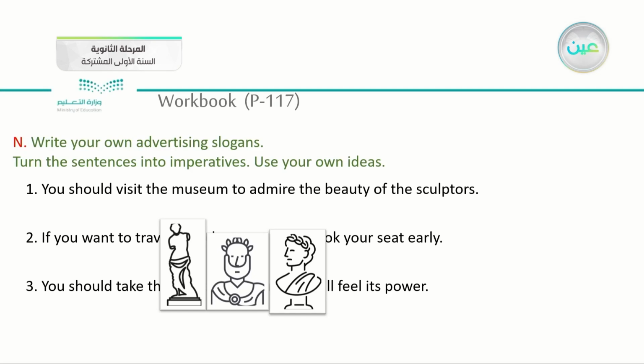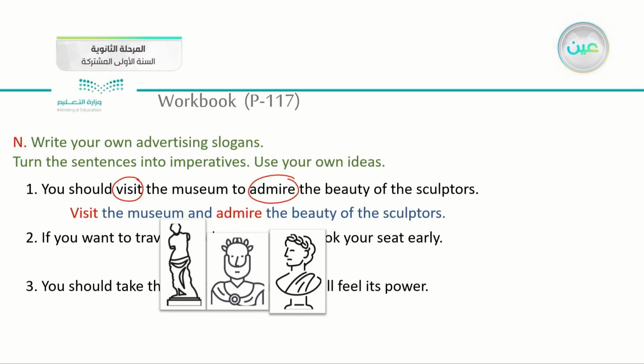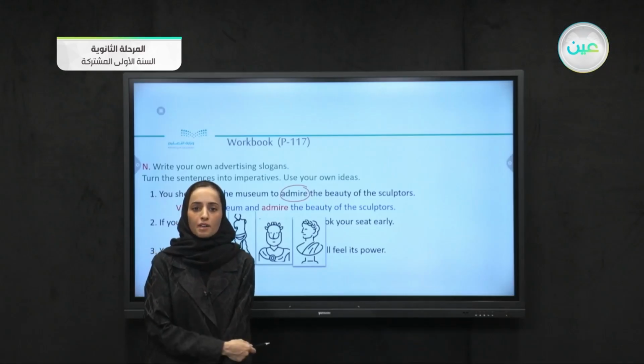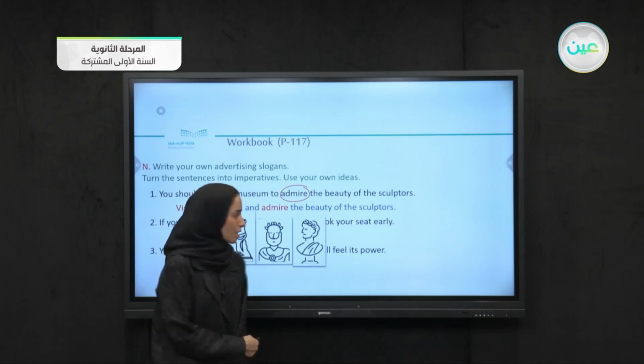You should visit the museum and admire the beauty of the sculptures. Visit, and we have admire as well, how you feel towards it. So I can say, visit the museum and admire the beauty of the sculptures. Visit, admire, feel.